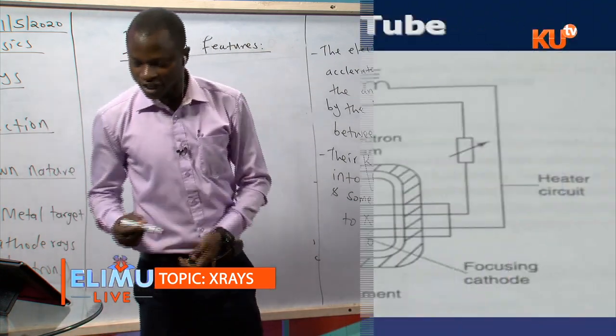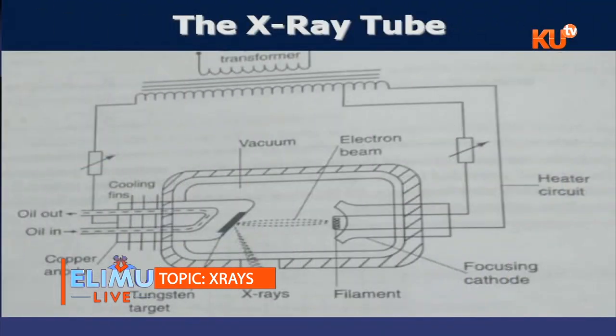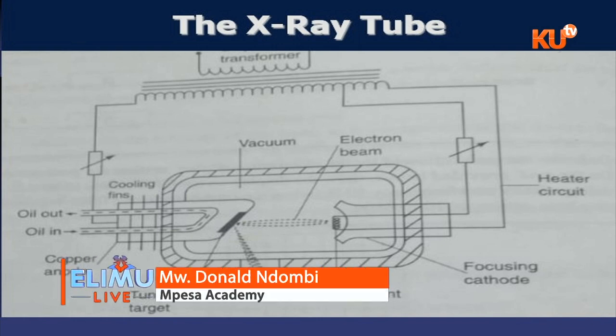The key features of the X-ray tube. If you look at the cathode, what shape is that? It looks like a concave, like the reflector of a car headlamp or the reflector of your torch. That is called a concave shape. Why?